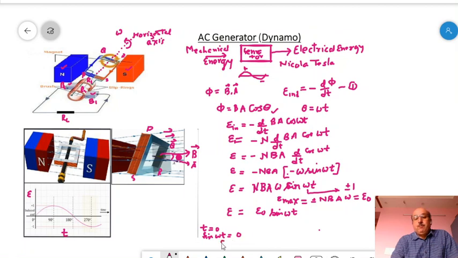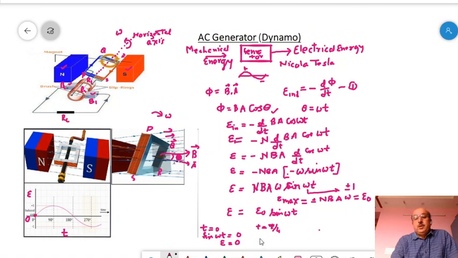So E is equal to 0, and we will have this point on the graph at O. Now as coil PQRS rotates with the angular velocity, the time comes to T by 4, that is the one fourth of the total cycle time.